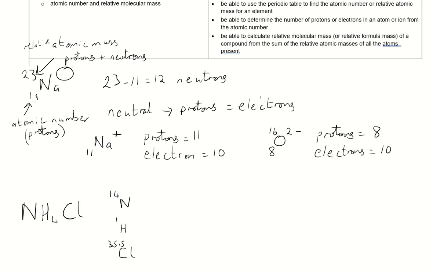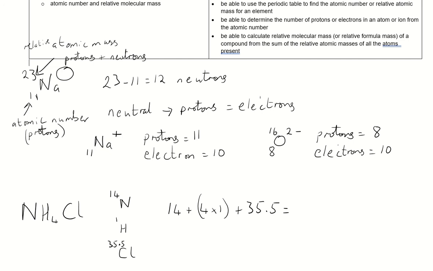Any decimals, you still need to include them. Nitrogen, I've only got one of these, that's 14, but I've got 4 hydrogen, so I need to do 4 lots of 1 there. Again, 1 chlorine, so 1 of those. What I would do is 14 plus 4 times 1 plus 35.5.